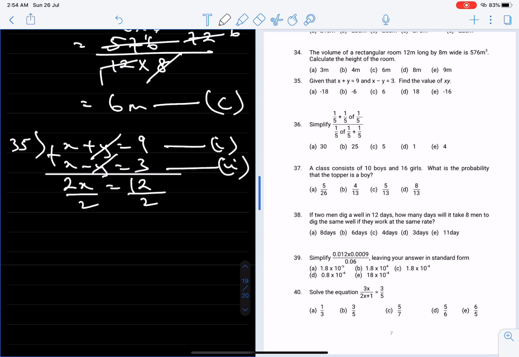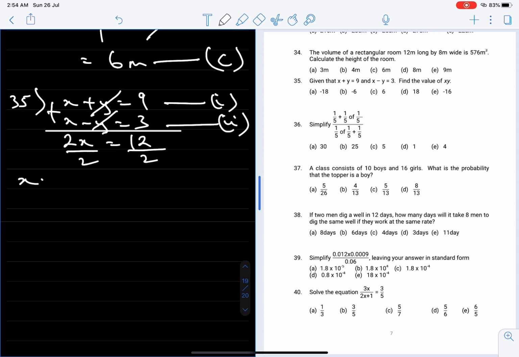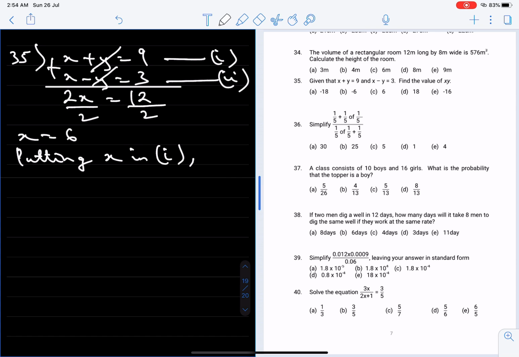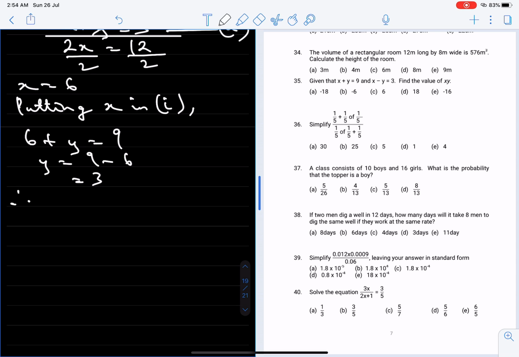We divide both sides by 2, so x equals 6. Putting x in equation 1, 6 plus y equals 9, which means y equals 3. Therefore, xy equals 6 times 3, which is 18.